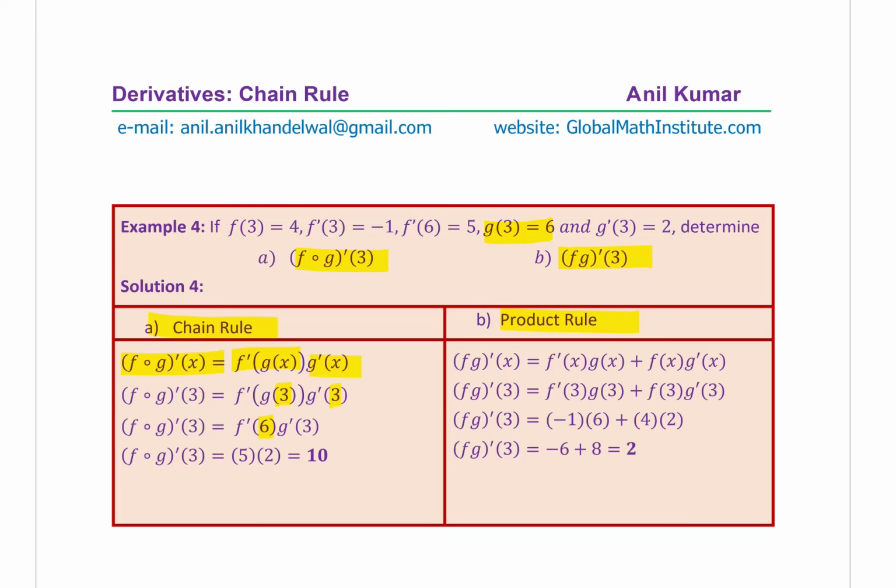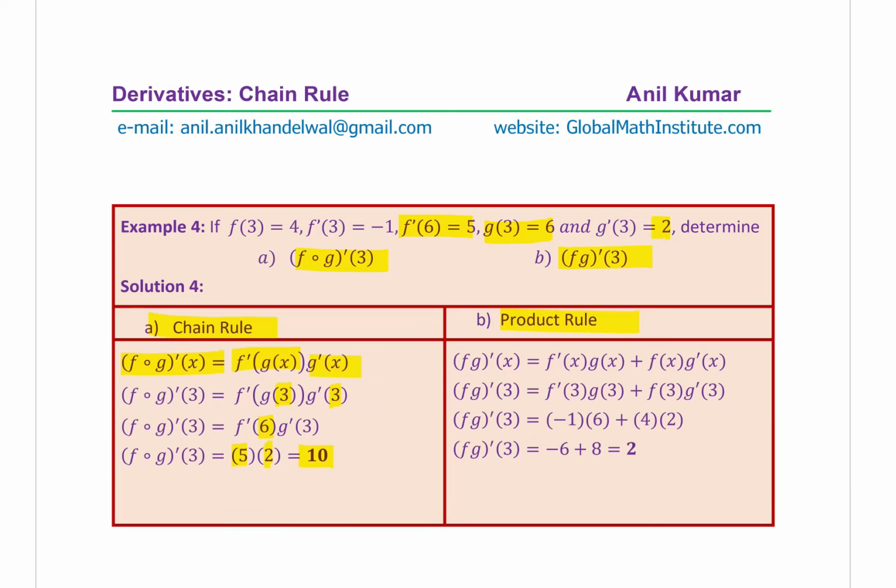On the other hand, g prime of 3 is what? g prime of 3 is 2. So we'll replace g prime of 3 by 2 later. Anyway, f prime of 6, let's look for that. f prime of 6 is 5. So I'll replace f prime of 6 by 5. So when you multiply f prime of 6 with g prime of 3, you get 5 times 2, 10 as your result. Is that clear to you?